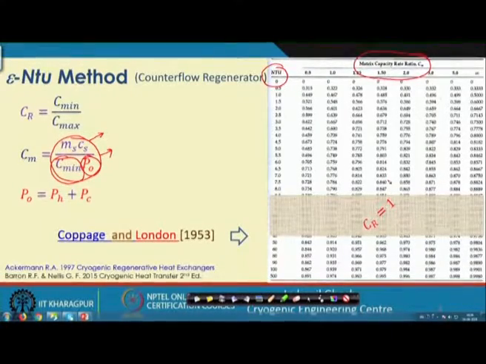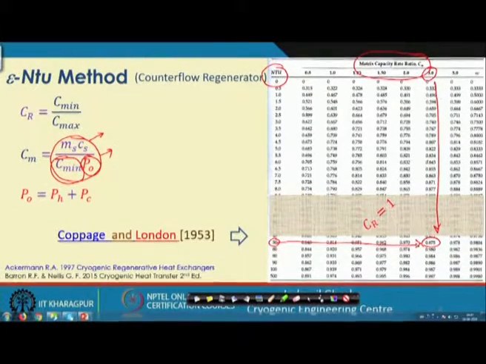Now, imagine that the matrix capacity rate ratio is 3 and the NTU is somewhere at 50, then we will have something like 0.975 as the regenerator effectiveness. So, this corresponds to this one and this corresponds to this value.